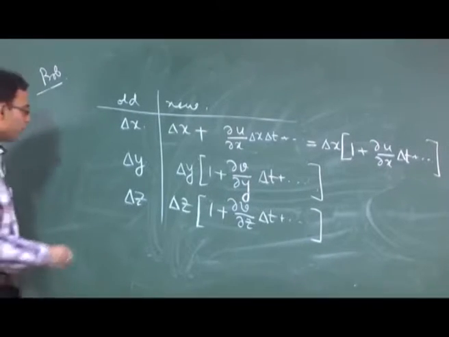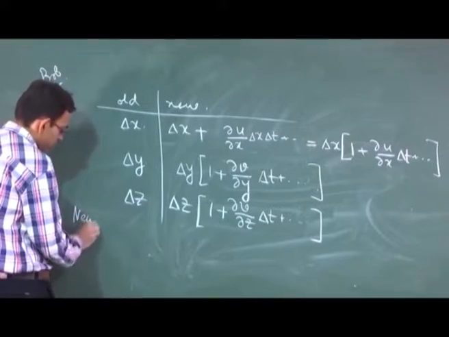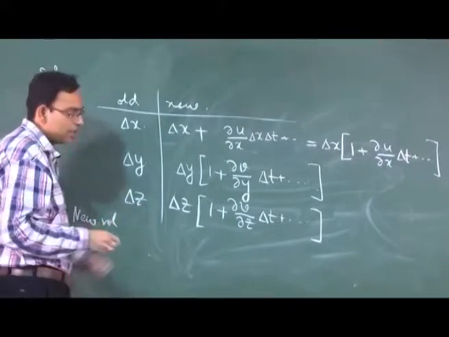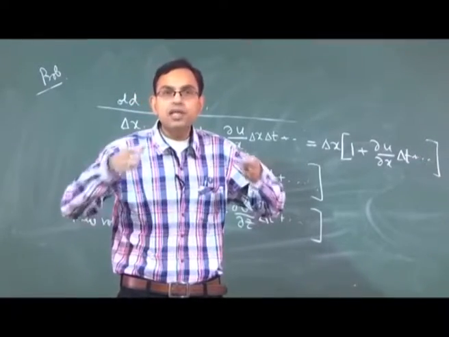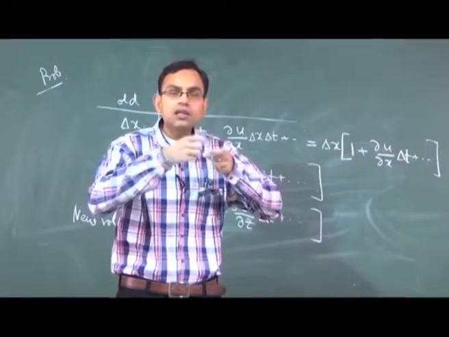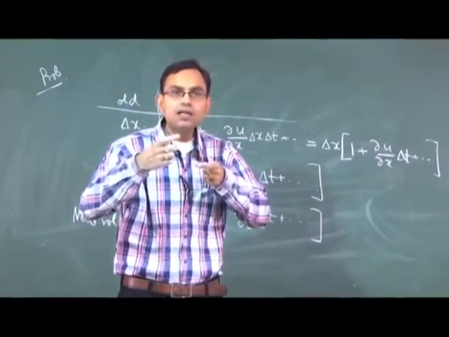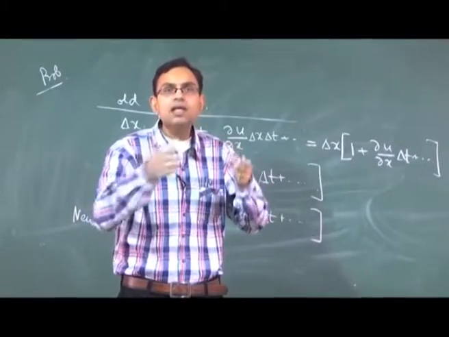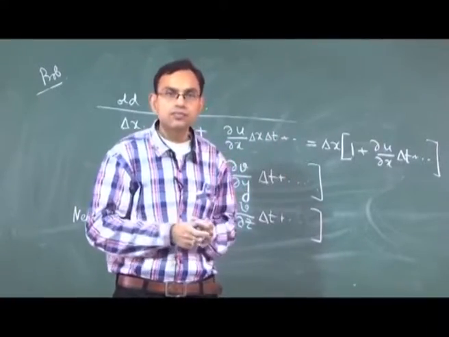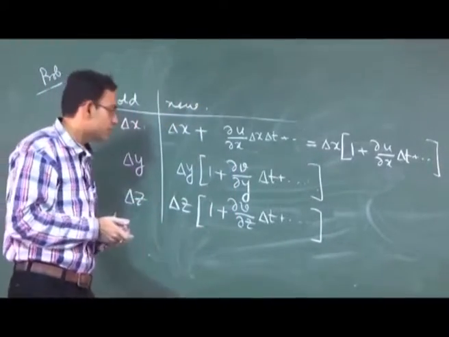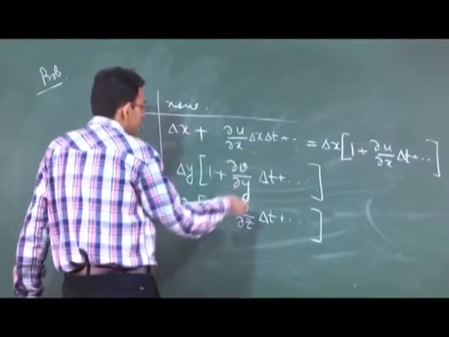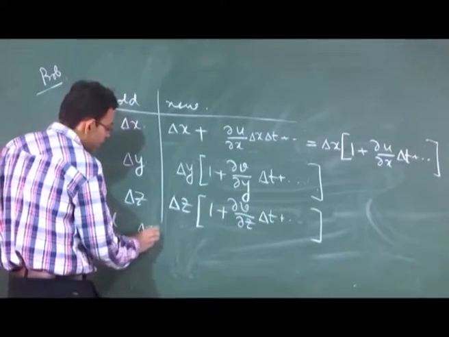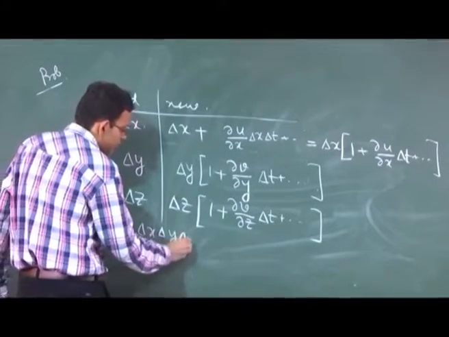So, what is new volume? If you have a rectangular parallelepiped shape with dimensions delta x, delta y, delta z, the old volume was simply delta x into delta y into delta z. But what is the new volume? New volume is the product of these three. So, delta x, delta y, delta z.